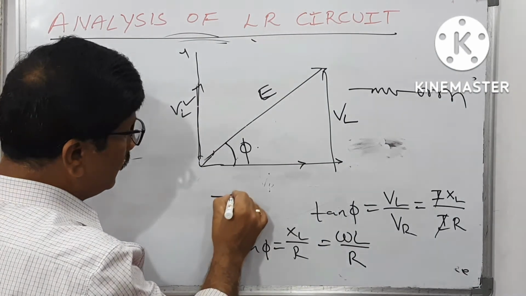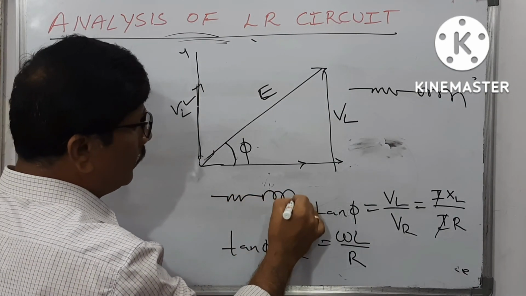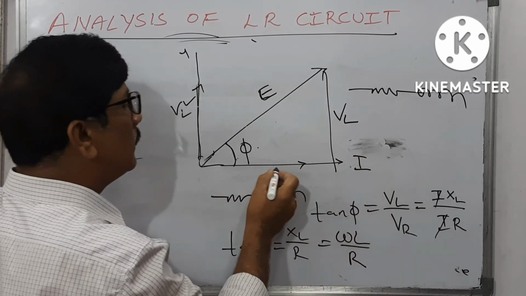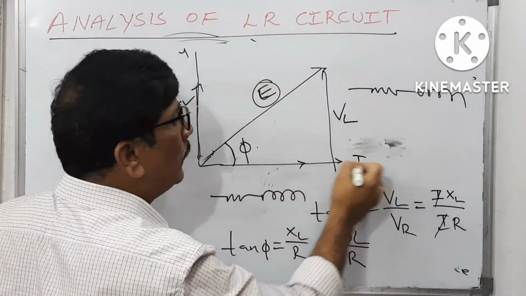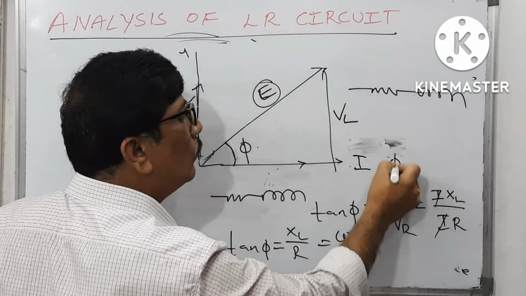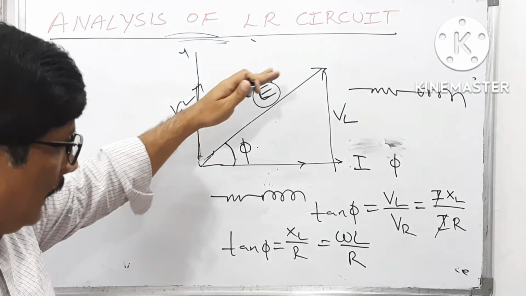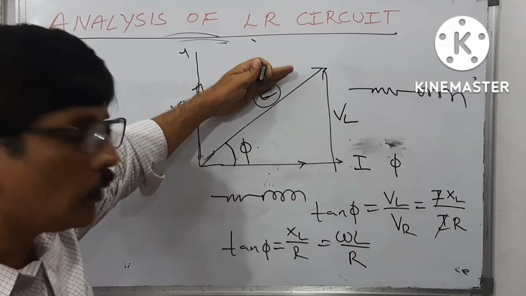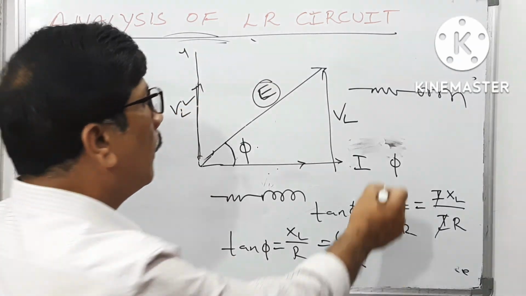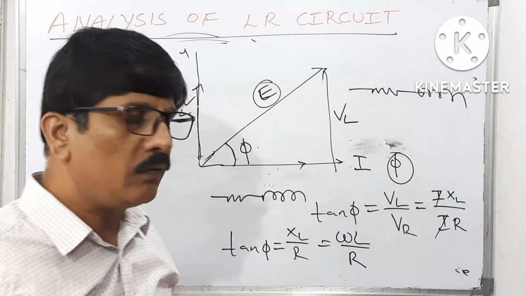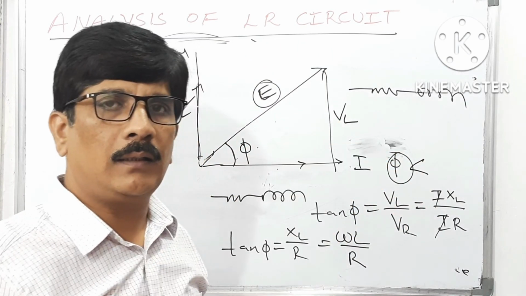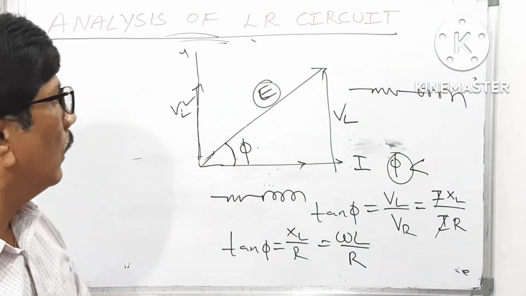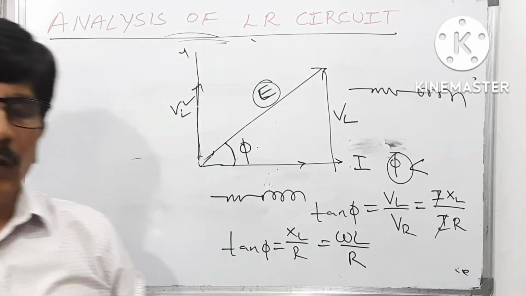In the resistance and inductive circuit, the current does not coincide with the electromotive force, but makes a certain angle called phi. That means the current is behind the electromotive force by angle phi. The phi value may be any angle between 0 and 90 degrees. This is about the LR circuit. I hope you understood.